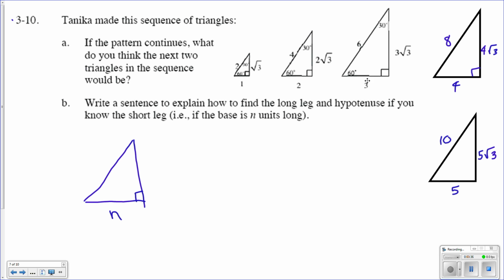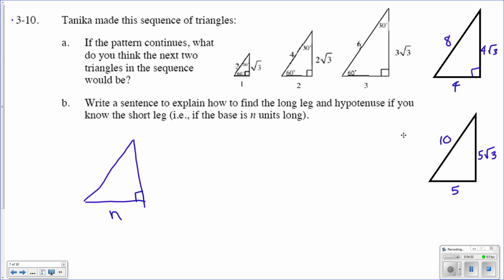The one that jumps out the most is, when I look at my hypotenuse, it's 2. When I look at my base, it's 1. Each time you look at your base and your hypotenuse, they have a relationship. That relationship is that our hypotenuse is always twice as much.